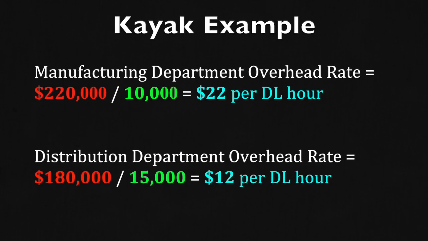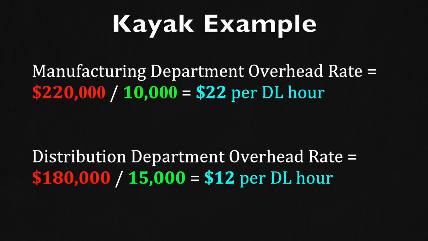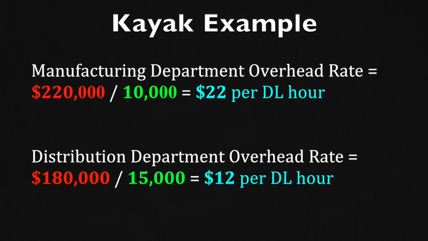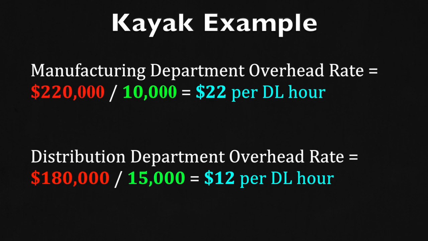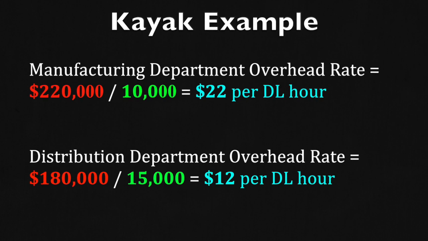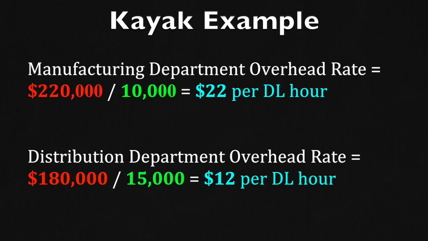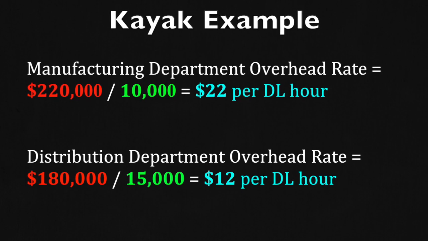With our kayak example, we would then find the manufacturing department overhead rate by taking our $220,000 divided by the 10,000, which equals $22 per direct labor hour. Then we would have our distribution department overhead rate by taking our $180,000 divided by 15,000, which equals $12 per direct labor hour.